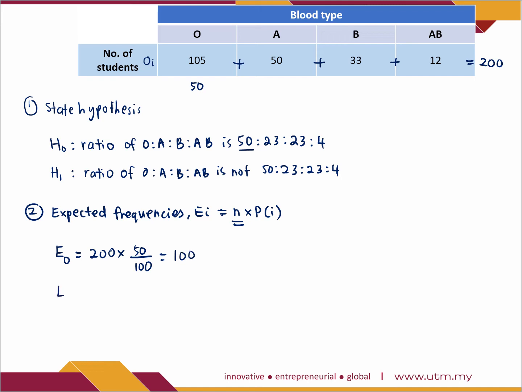And then for blood group A, 200 times the ratio for A, 23 over 100, which is equal to 46. And then for B, 200 times the expected ratio, which is 23 over 100, so it will be equal to 46.